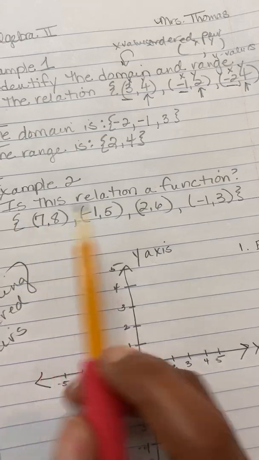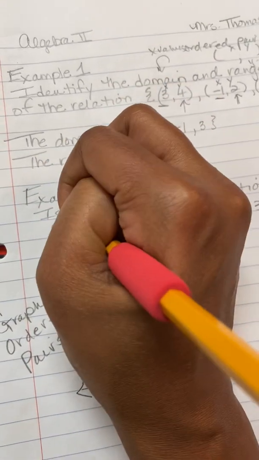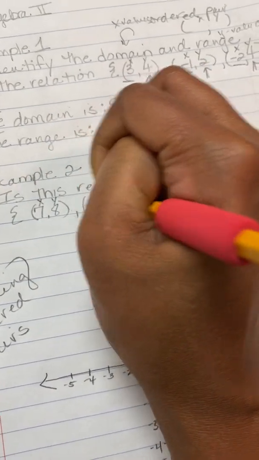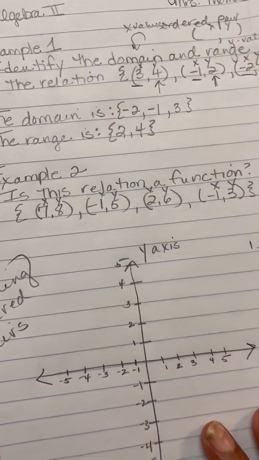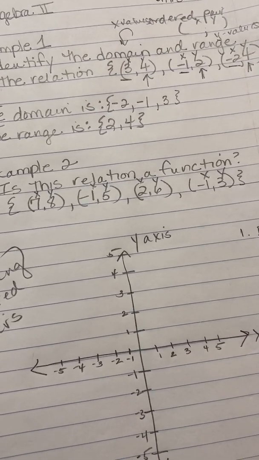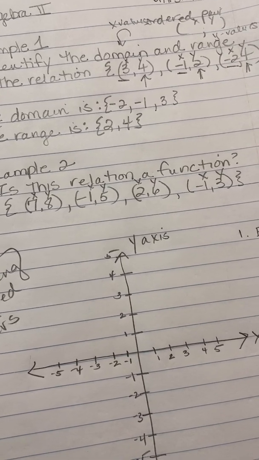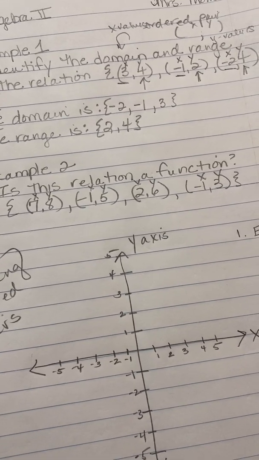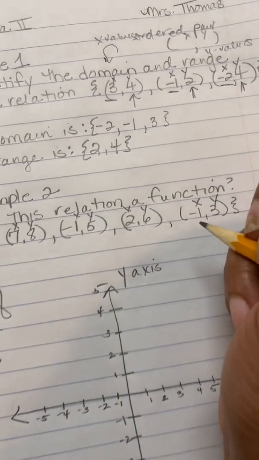Number 2. Is this relation a function? First, let's determine our x and y values, because the relation is our set of ordered pairs. A function is a relation in which each x value has only one y. So let me break it down.